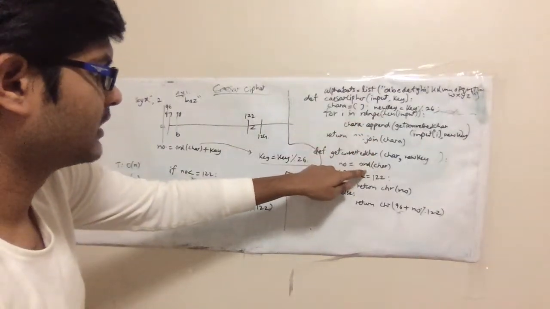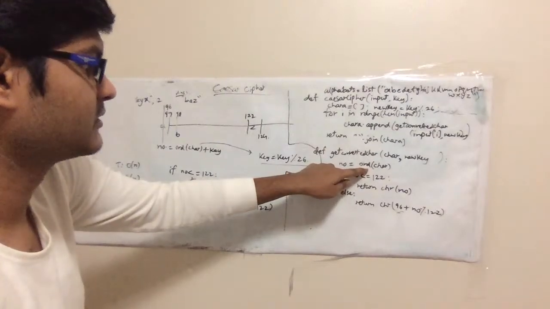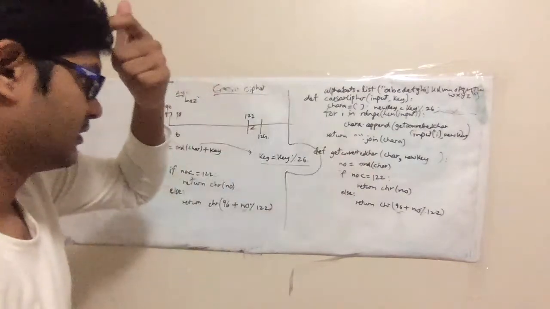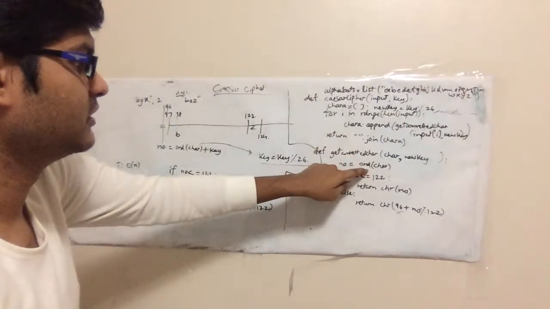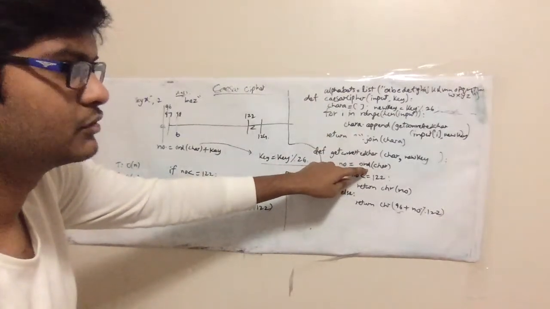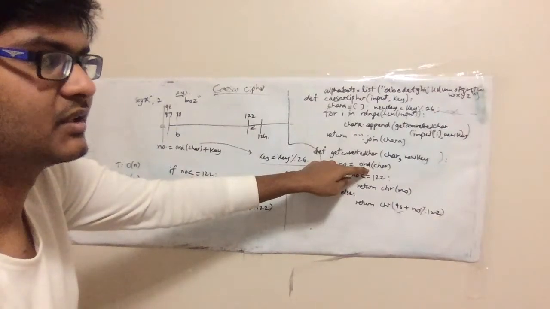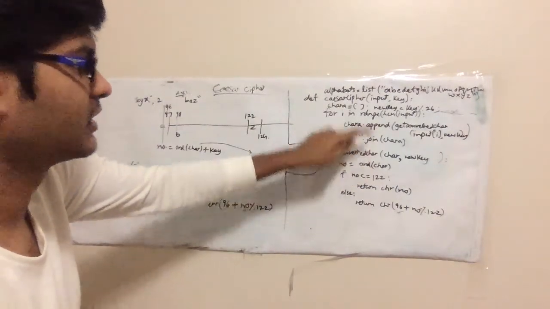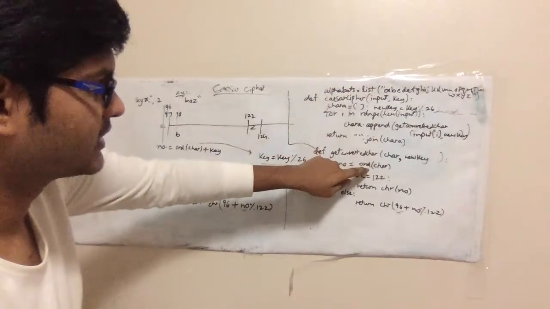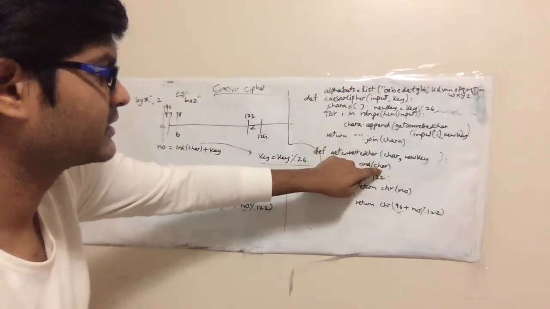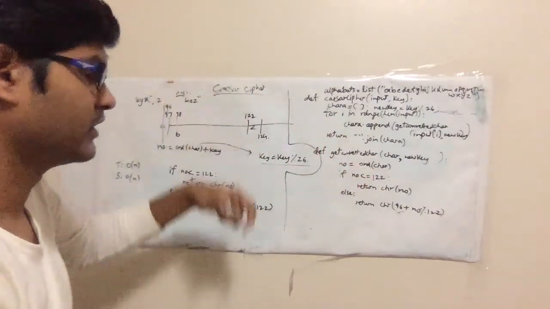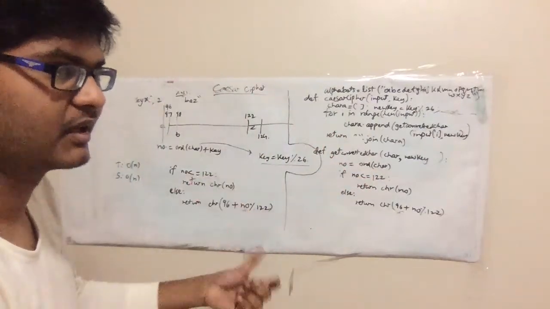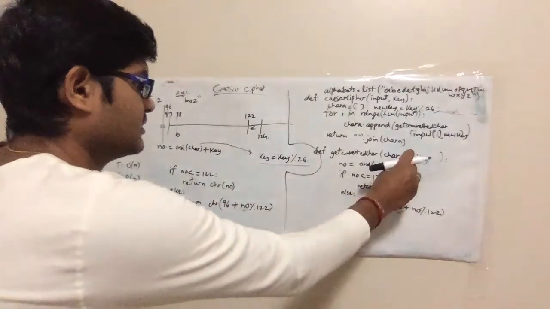If you want to get the ord character, we can just call ord. What will ord do? It will take the character and convert it into its index, its value. So for this we can just pass, say for example, a character, and we can get the index. By getting the index, it is just a value mapping.